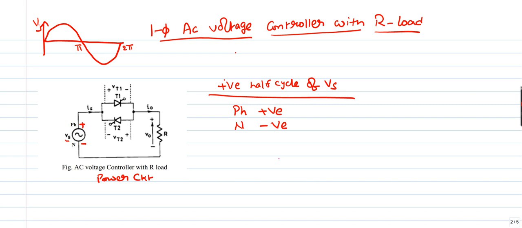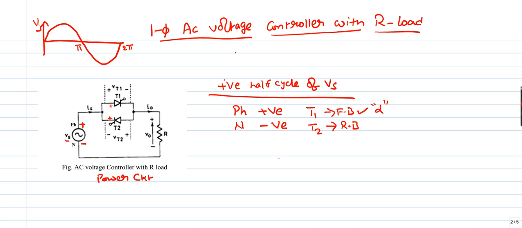So this positive polarity is applied at the T1 anode, and this negative polarity is applied at the T2 cathode, so that T1 will be in forward blocking mode and T2 will be in reverse blocking mode during the positive half cycle of the supply, so that I can give a triggering pulse at angle alpha to T1 during the positive half cycle of the supply.